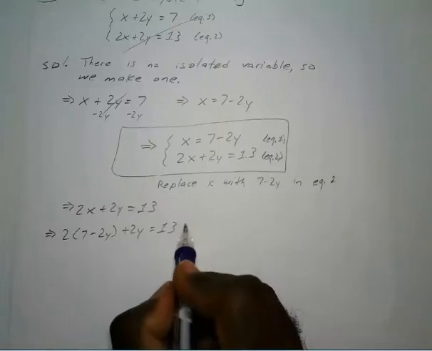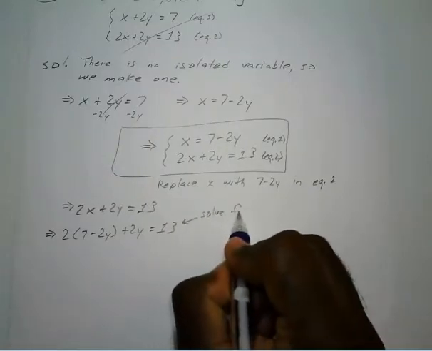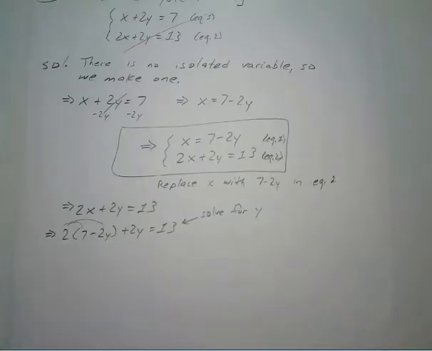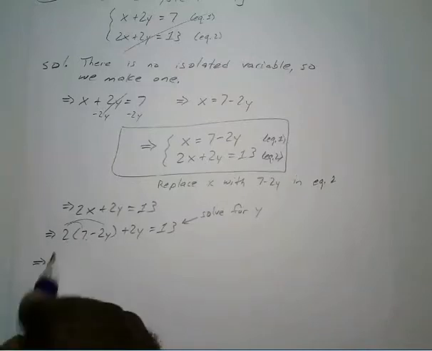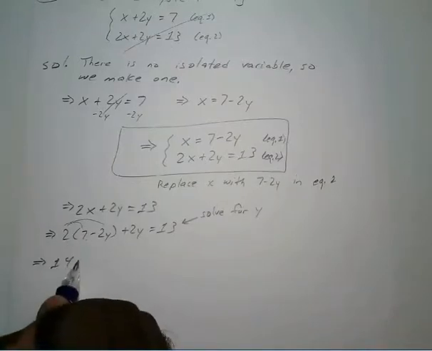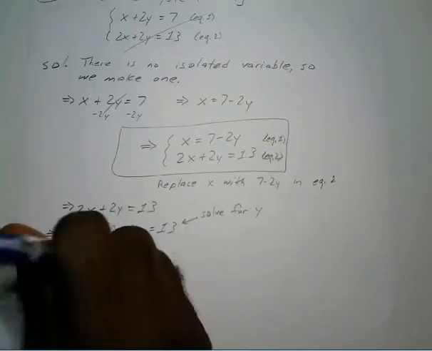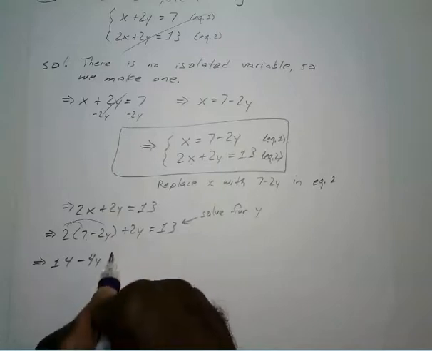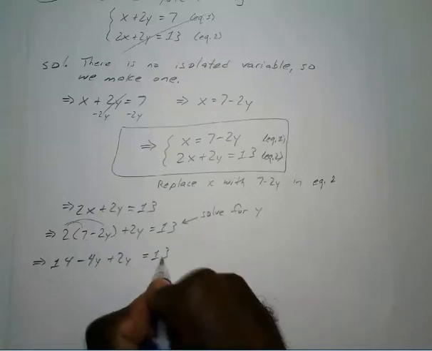Just like before, we solve for y. We distribute that 2. 2 times 7 is 14, so you have 14 minus 2 times negative 2y, which is 4y. Then you still have your plus 2y right here, can't forget about that, equals 13.